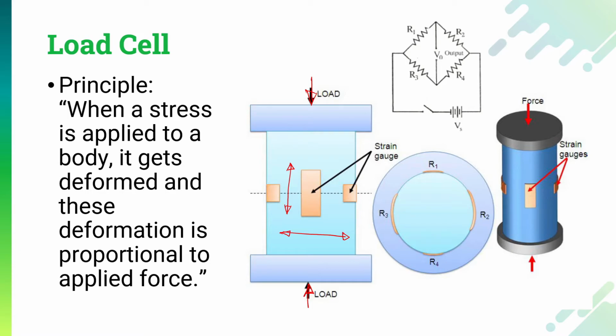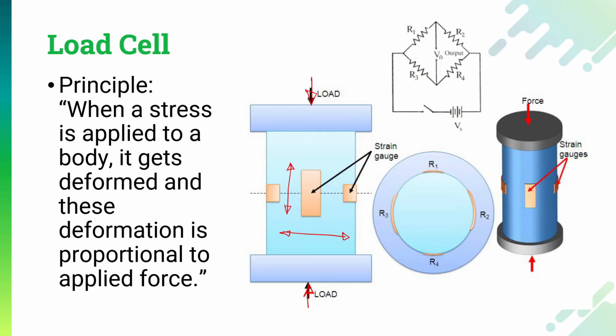So if we can measure such kind of deflection using the strain gauges, we can actually measure the force that is getting applied on this kind of cylinder. So this is how the load cell on this specific cylinder will work.